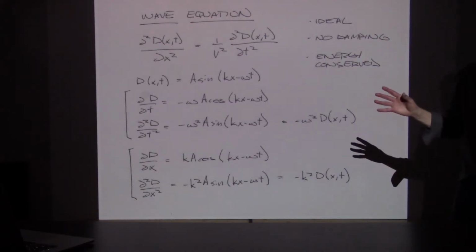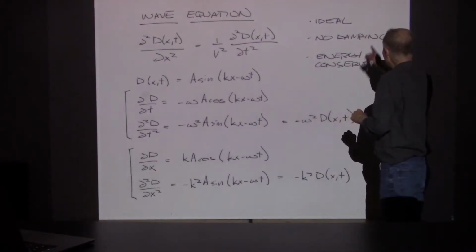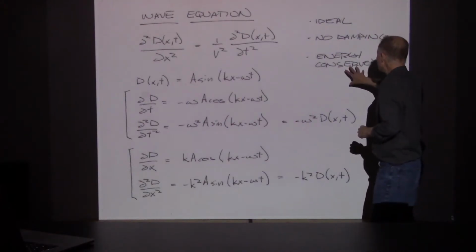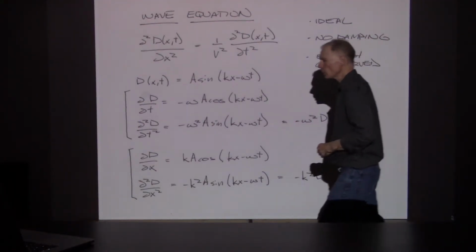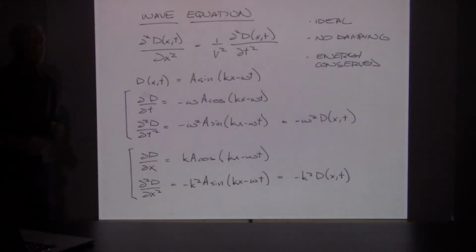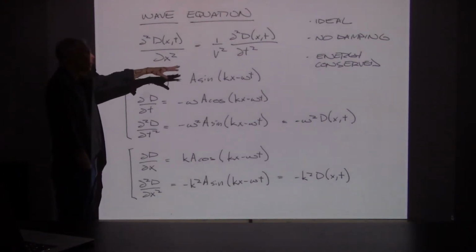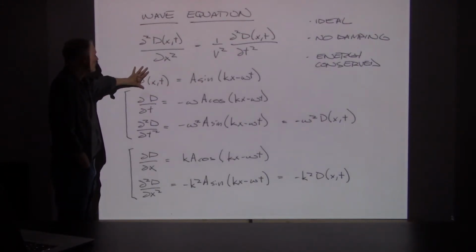No thermal energy is generated along the way according to these formulas, and that's overly idealized. It's saying that mechanical energy is conserved within the motion of the medium. So the medium doesn't heat up as these waves pass through. Given that limitation, this is the formula we've been using.